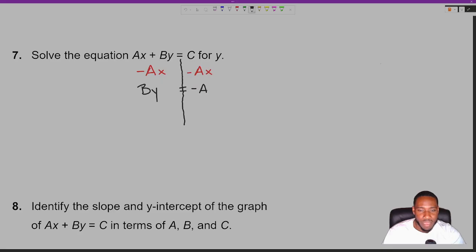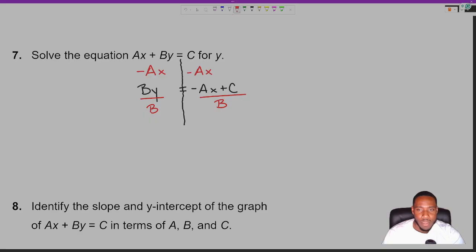negative ax plus c. Just because we no longer have numbers doesn't mean our properties of equality change or our properties of real numbers change at all. Because each of these variables represents some number. We just don't know what it is. We can still use algebra on it. And then we're going to divide up this y term by dividing everything by b.